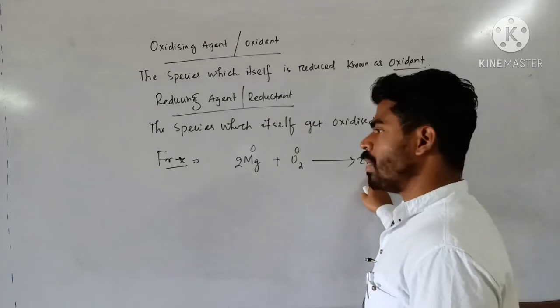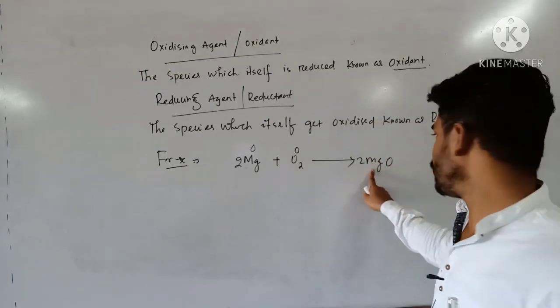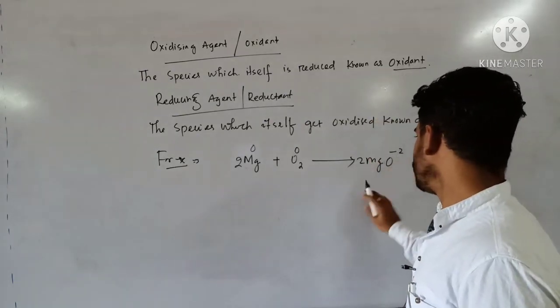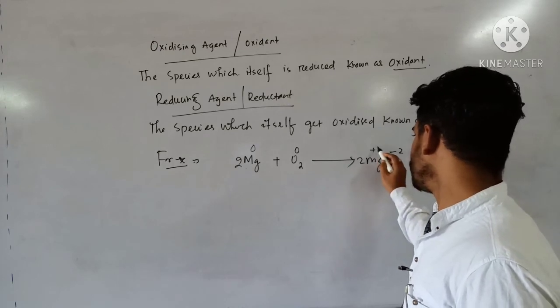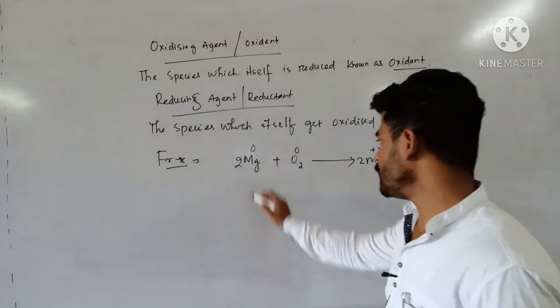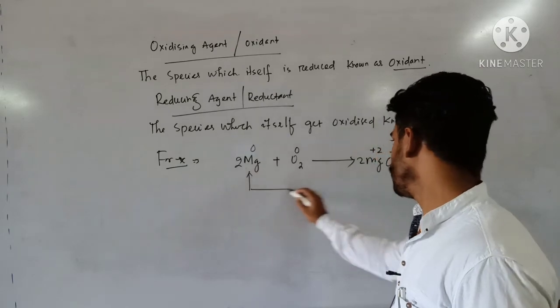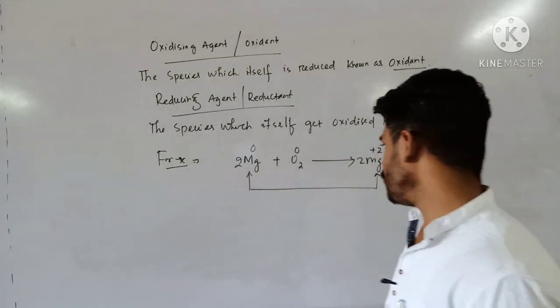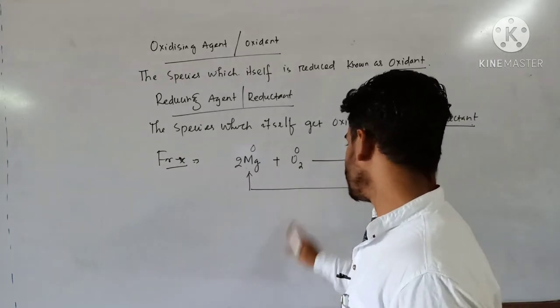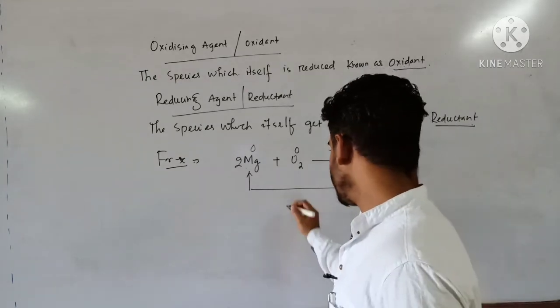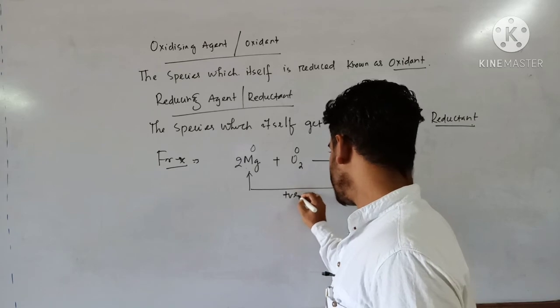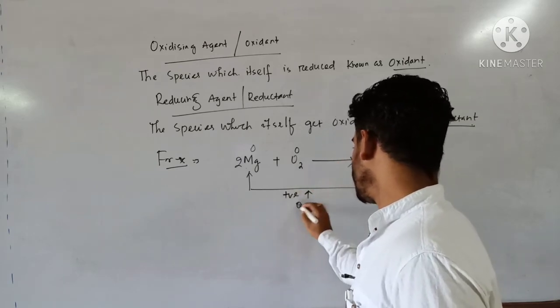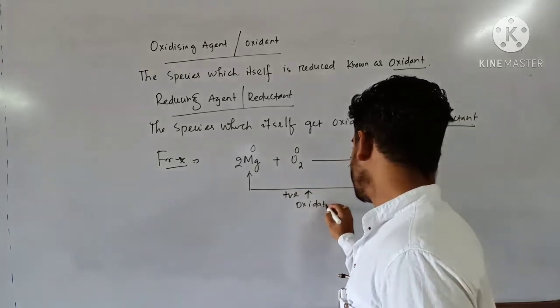And in this compound, what is the oxidation state of oxygen? -2. What is the oxidation state of magnesium? Conversely, +2. And here you see from 0 to +2, the increase in oxidation number or increase in positive valency, as I have told you, increase in positive charge. So positive charge increases means this one is oxidation.